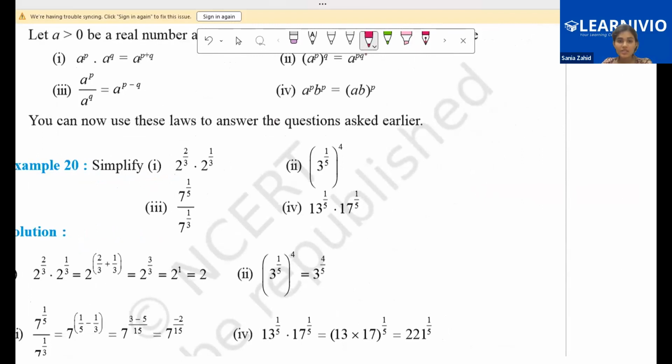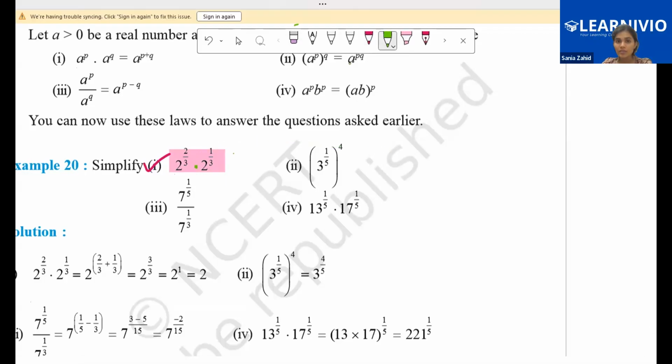Okay. See, the first question says 2 to the power 2 by 3 and 2 to the power 1 by 3. So first tell me, is this the case for same base or different bases? Same base. I have 2 and 2. And there is a multiplication sign. This dot sign means multiplication sign. So what will I do to the powers?